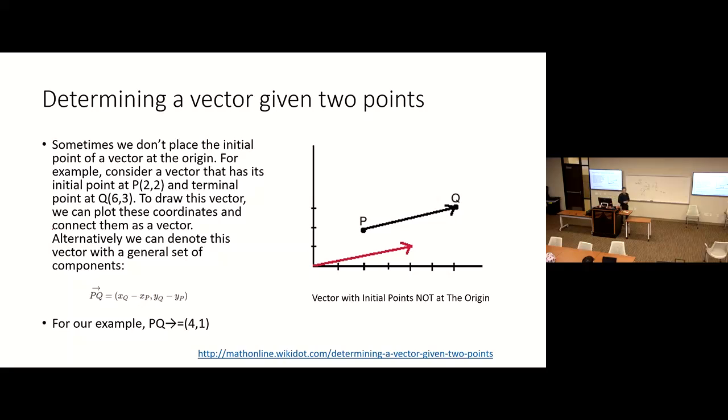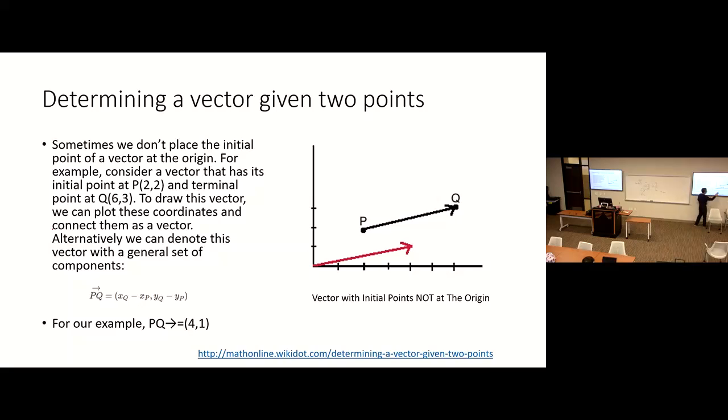So sometimes people will give you a vector which does not start from the origin, okay? If someone gave you a vector from P to Q, you can easily move it back to here. This should be the same in theory, because you change nothing but your perspective of where you think the origin is.